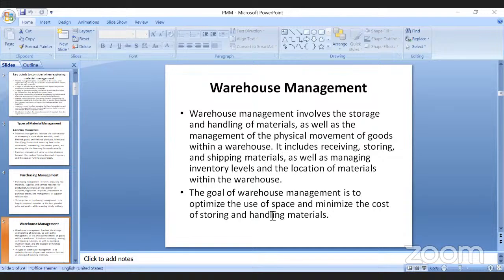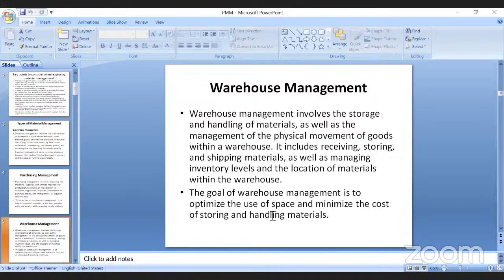Some people say sources, not sources, warehouse. The best term is warehouse. We also have to handle and monitor this. Warehouse management is very much important.